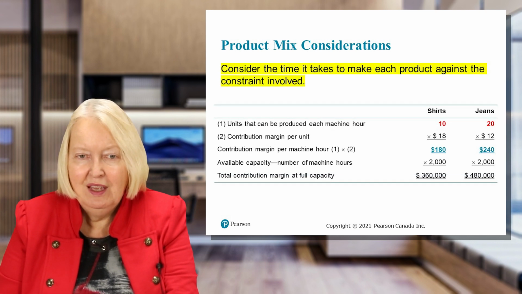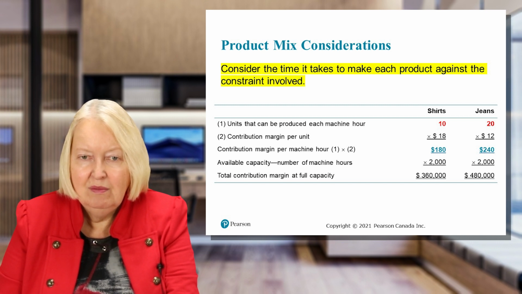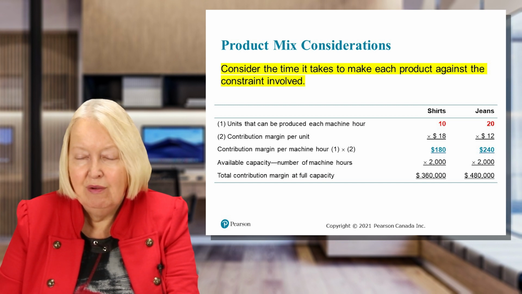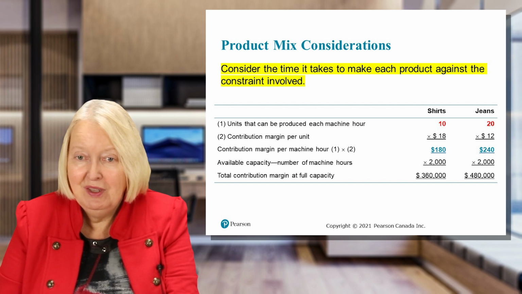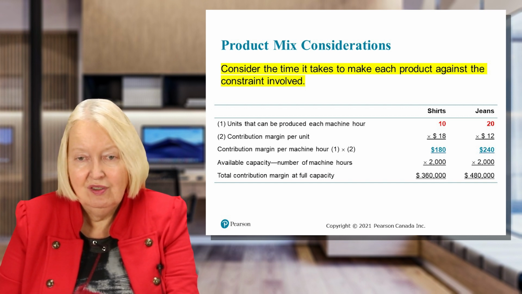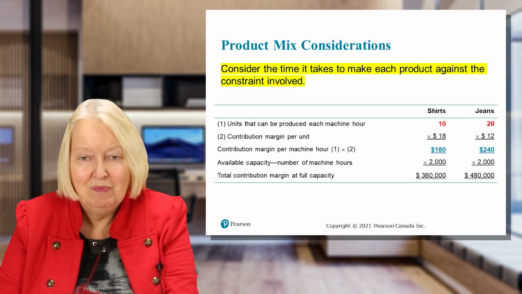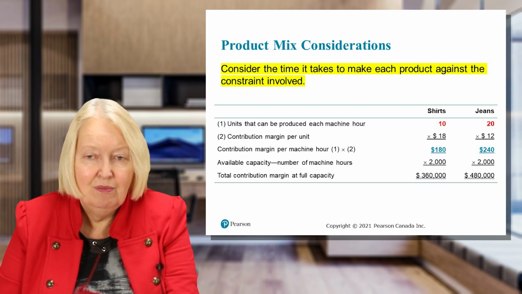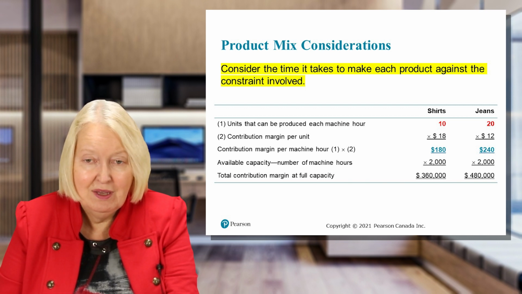Here, the constrained resource is time. You can make 10 shirts in every machine hour, whereas you can make 20 pairs of jeans. So even though the shirts have a higher contribution margin per unit, you can actually make more jeans than shirts. If you can make 10 shirts in an hour, your contribution is going to be $180, whereas if you make jeans, you can make 20 pairs.